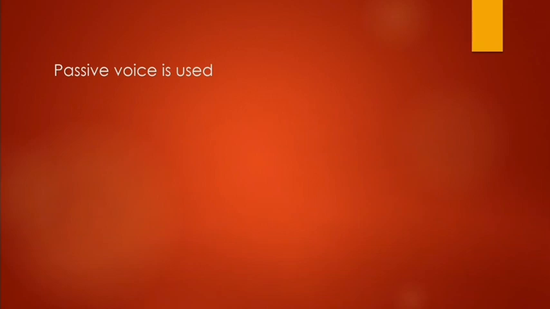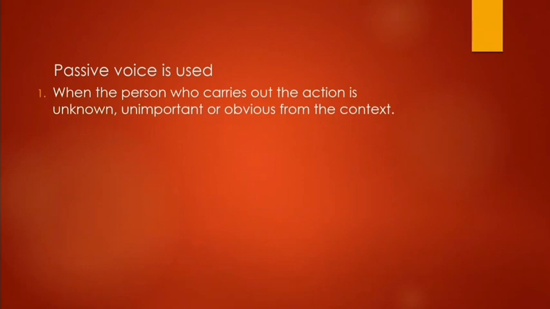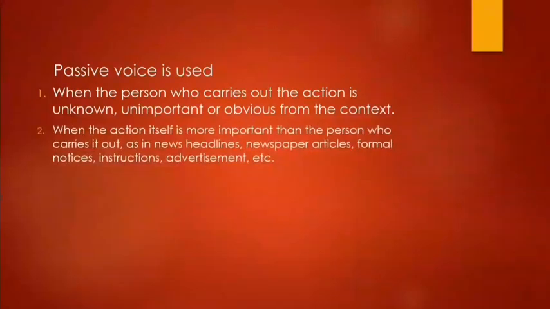Now we are going to explain the use of the passive voice. Passive voice is used when the person who carries out the action is unknown, unimportant or obvious from the context. We use the passive voice when the action itself is more important than the person who carries it out, as in news headlines, newspaper articles, formal notices, instructions, or advertisements.